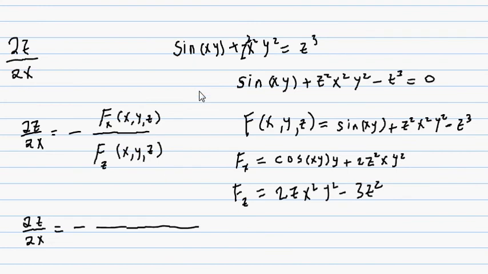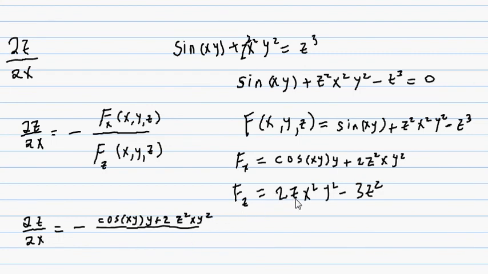So negative, it's going to be cosine xy times y plus 2z squared x y squared.